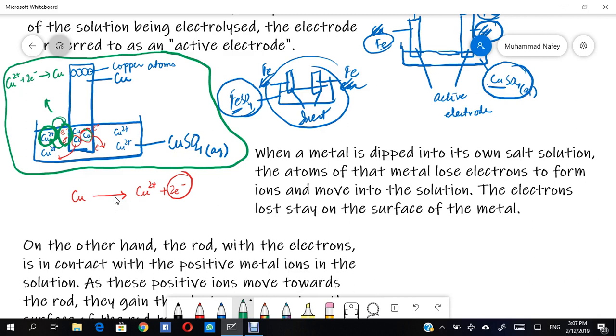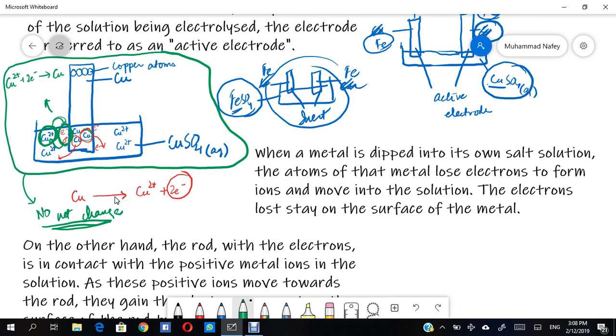So there's no net change here. No net change. However, if somehow we can provide an outlet for these electrons, this no net change situation won't develop.